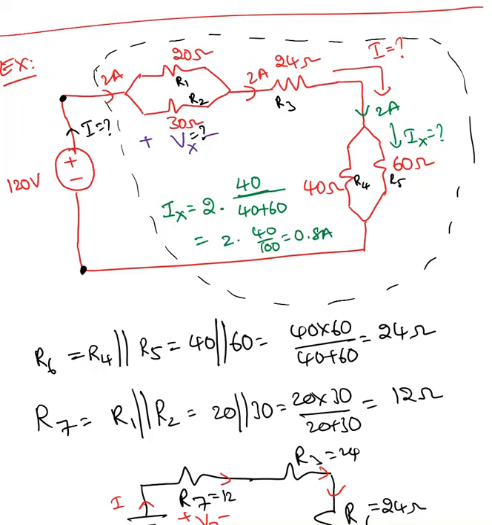So I can clearly see the current passing through this is 0.8 amperes. The current passing here is 1.2 amperes. So you can see more resistance, less current is going to pass through that path. Less resistance, more current is going to pass through that path.